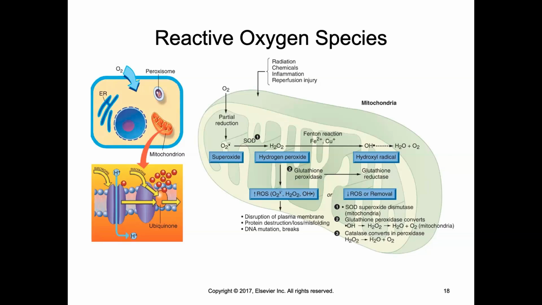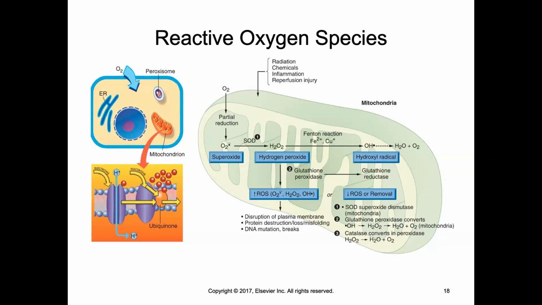reactive oxygen species? Normally it's a combination of reactions starting with SOD, okay, and ending with catalase, all right, to produce water and oxygen. Glutathione peroxidase is going to convert hydroxyl radicals into hydrogen peroxide, and the mitochondria will produce from that water and oxygen. Okay, so the water and the oxygen are not reactive oxygen species.